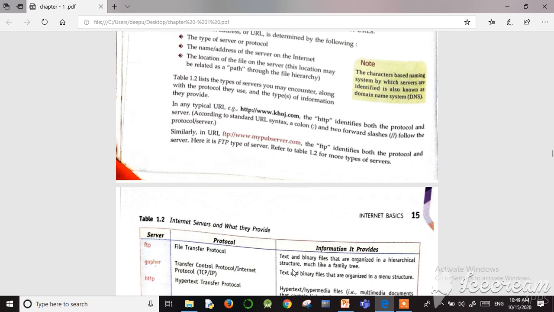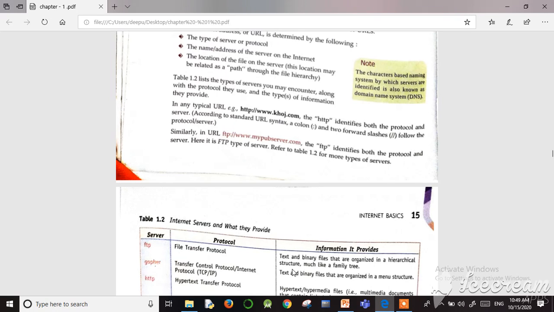Next is the domain name system. Note that the character-based naming system by which servers are identified is called the domain name system. So DNS is important. DNS means domain name system. For example, 10 or 20 years back there was no naming system, so we used only IP addresses, in numbers.